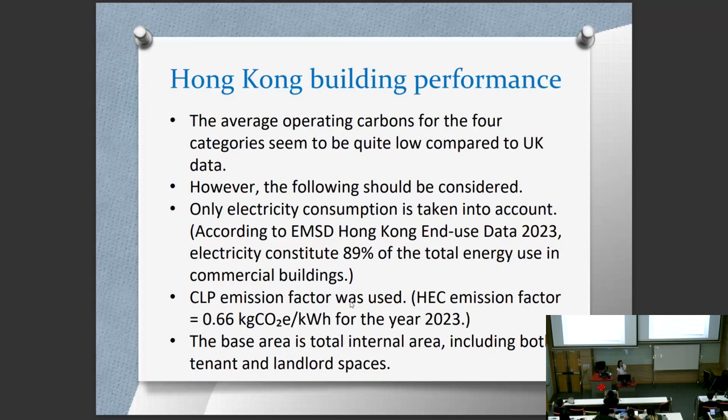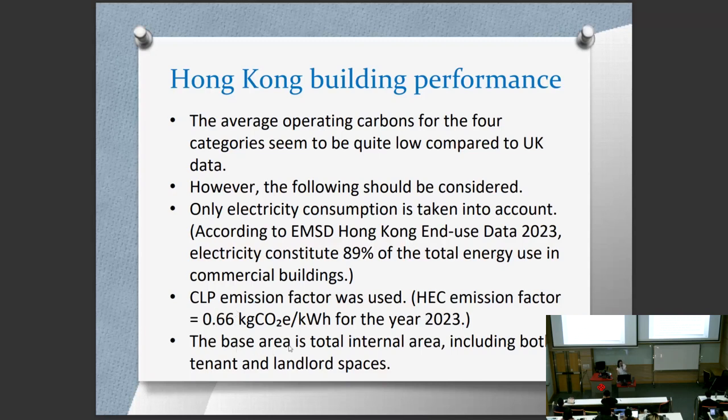Okay, and the emission factor. CLP emission factor was used, but if we use the HGC emission factor in the same year, 2023, the emission factor is much higher. Okay, because HGC burns oil and natural gas mostly. Okay, no nuclear power, so the emission factor will be much higher.